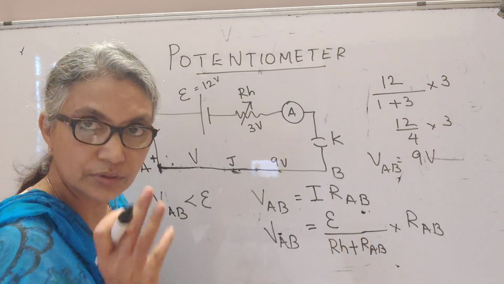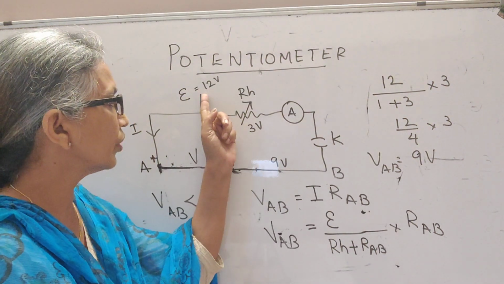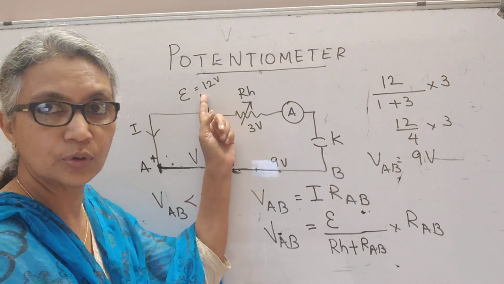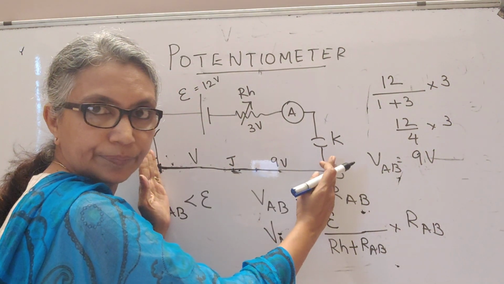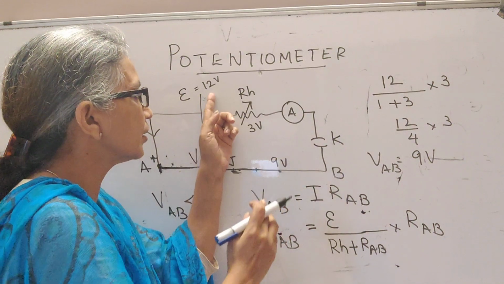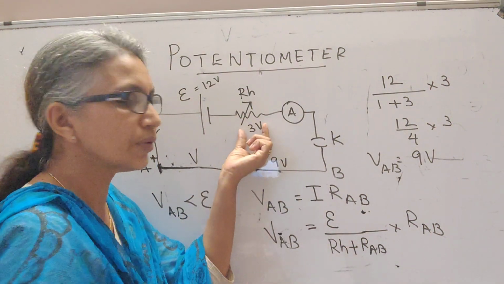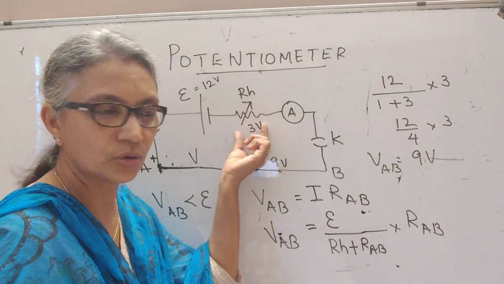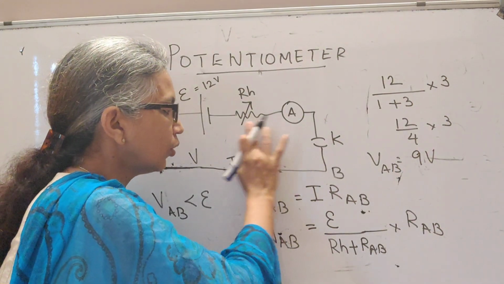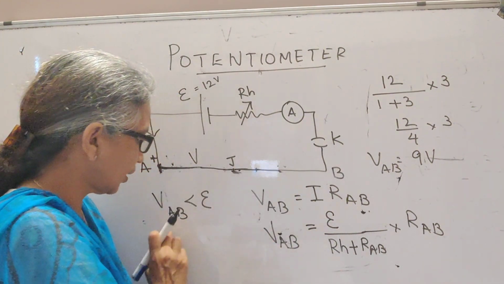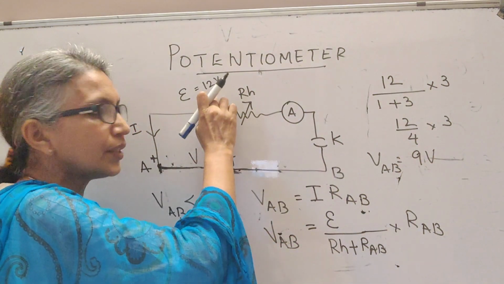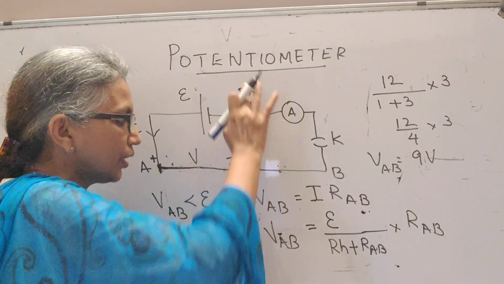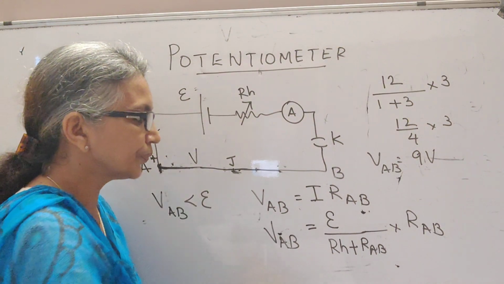What I am trying to tell you is, if the EMF of your cell is 12 volt, you are never going to get the full 12 volt across this wire. You will get something less than 12 volt, because there will be a potential drop across the rheostat also. So I hope you have understood that this VAB, the potential drop across the wire, will always be less than the EMF of the driver cell. That is what I want you to understand.